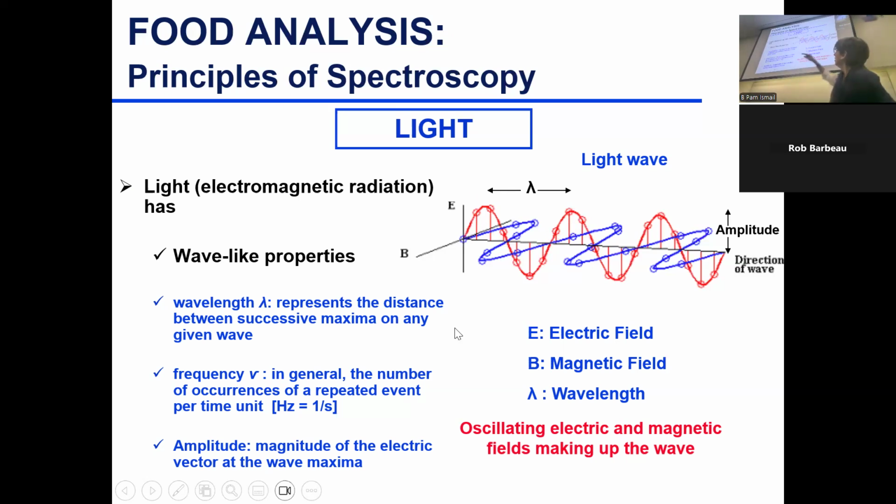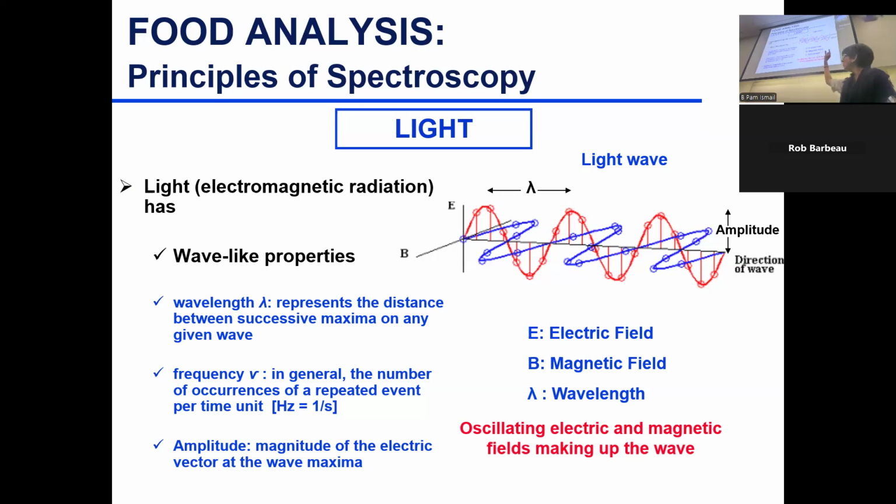The more oscillations you have within a specific period of time, the higher the energy. And that relates to what we said earlier, the smaller the wavelength, the higher the energy. With a narrower distance between two maxima, you have more oscillations within a unit time.